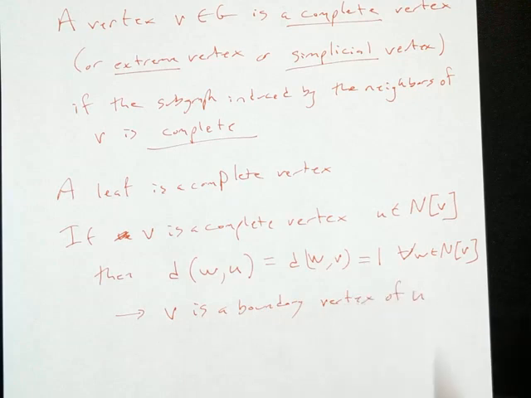A complete vertex is not only a boundary vertex for every one of its neighbors, it's a boundary vertex of every other vertex.